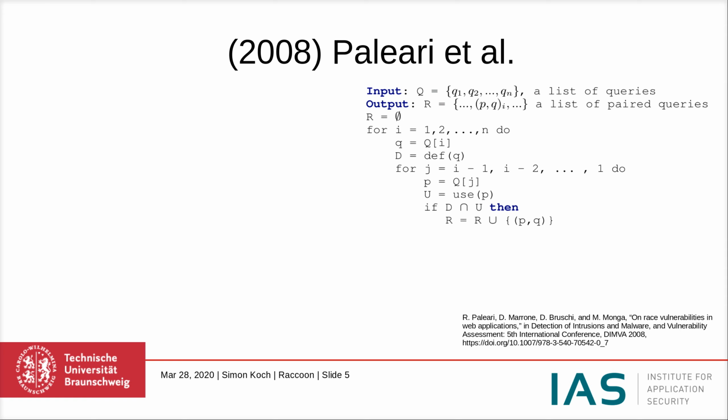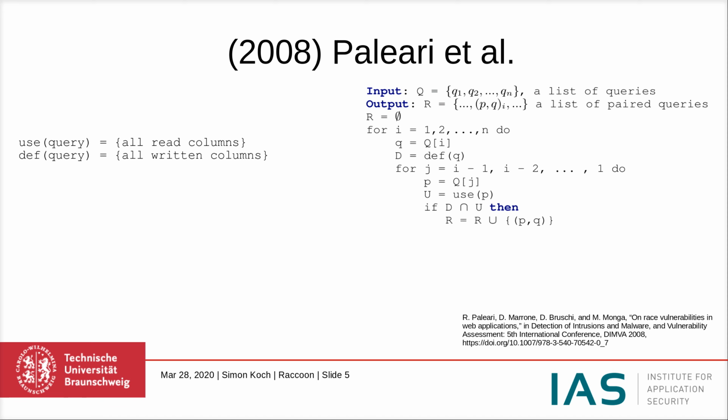For this algorithm, they depend on two functions, use and define. Both functions expect a query, and use returns the columns read by the query, and define returns the columns written by the query. If there is an intersection between the two returned sets of two queries, those queries are considered to be interdependent.